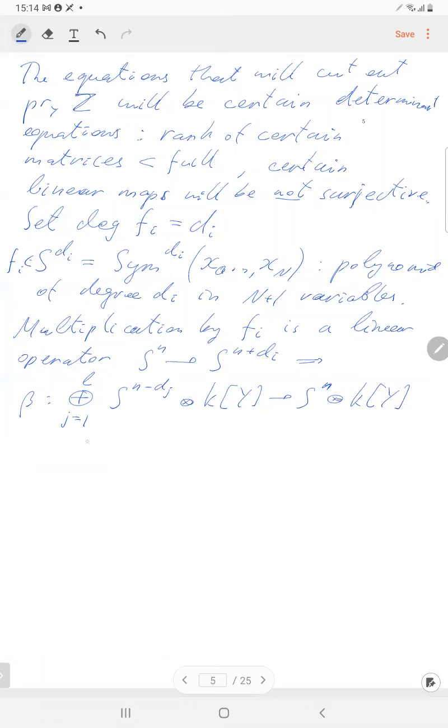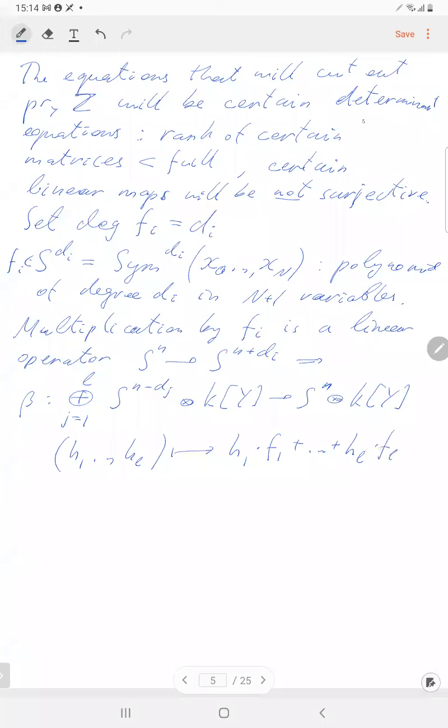So let me denote them H1 and so on, HL. They go to H1 times F1 plus so on plus HL times FL.